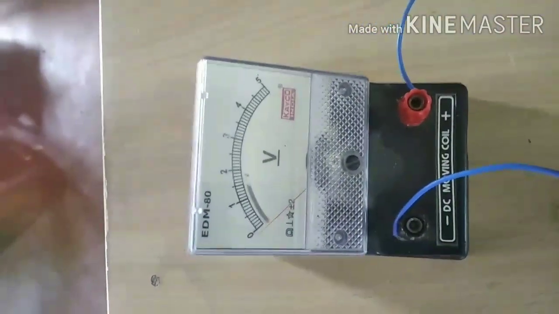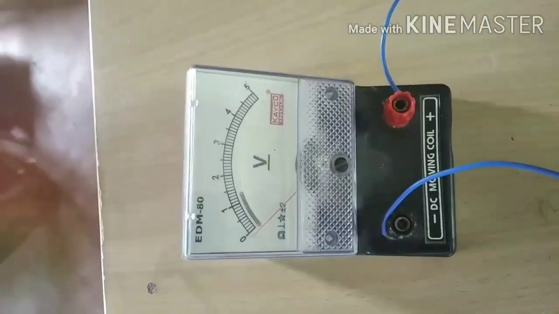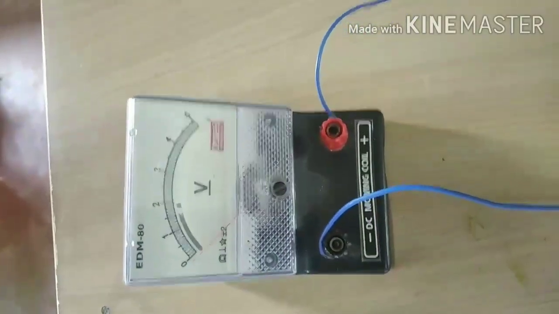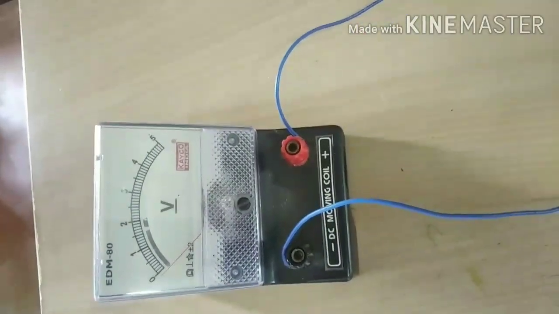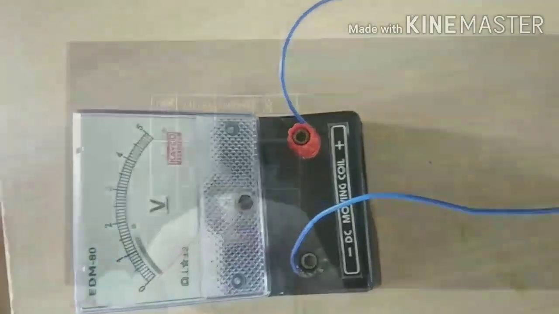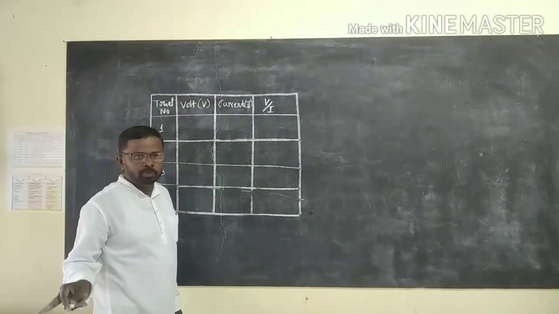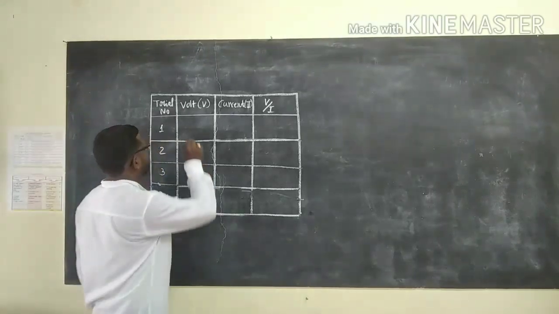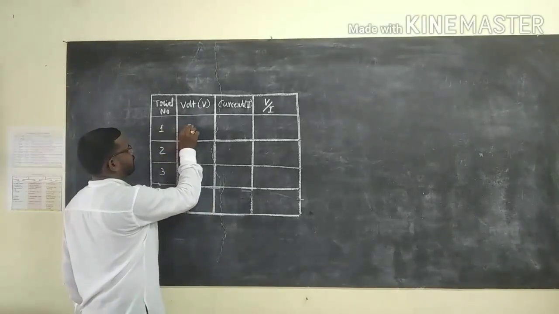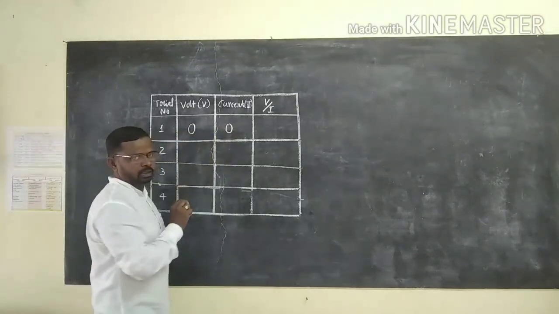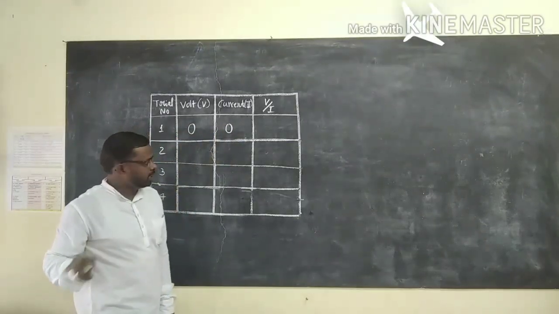The voltmeter also shows 0. This shows that the potential difference across the resistor is 0. Now I will tabulate all these readings. In the first trial, if volt is 0, current is also 0. Let us go with another point.